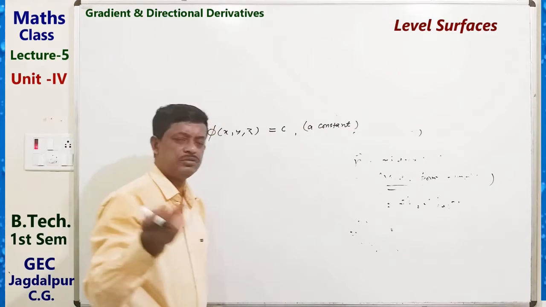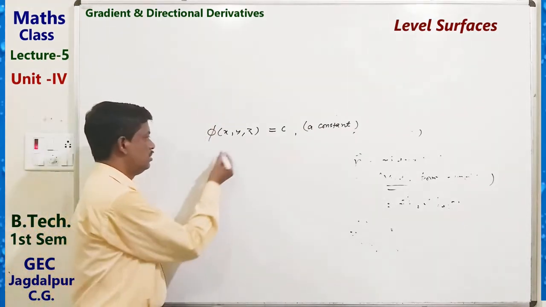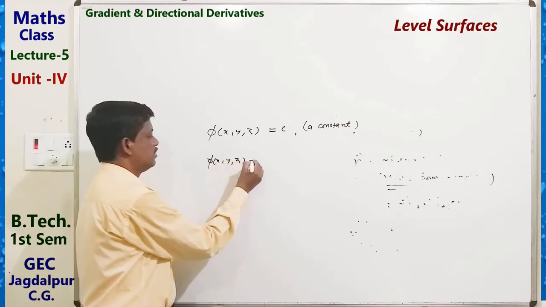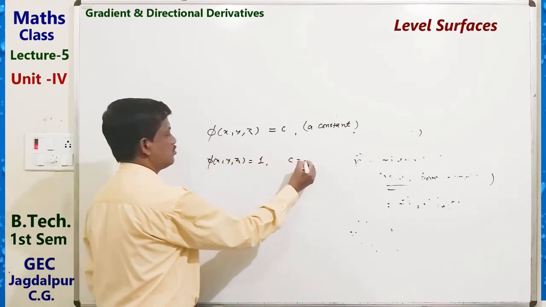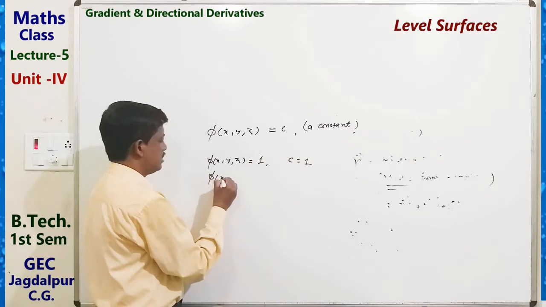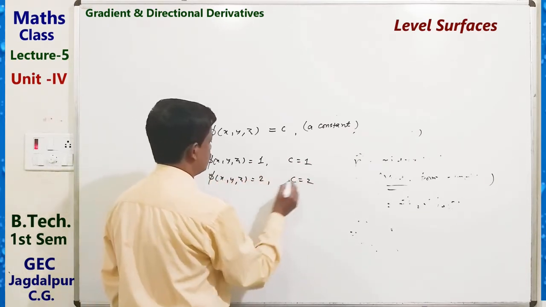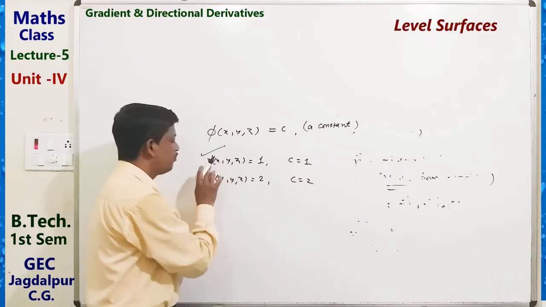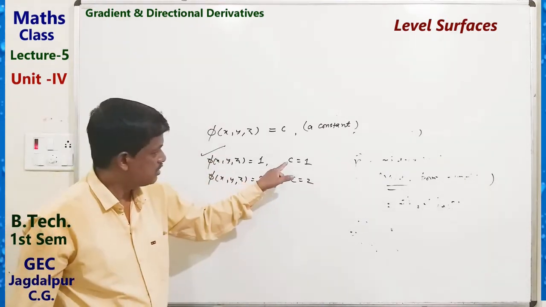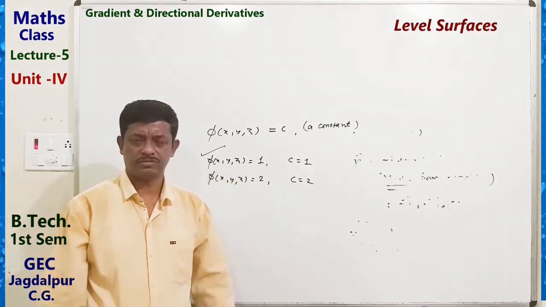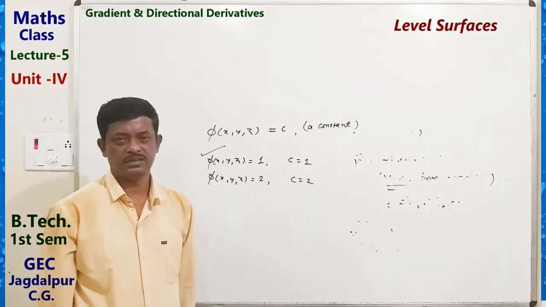Corresponding to the value of c, suppose c equals 1. If c equals 1, then phi x, y, z equals 1. For c equals 2, phi x, y, z equals 2. So when c equals 1, the value of the function is 1 always, for all values of x, y, z.